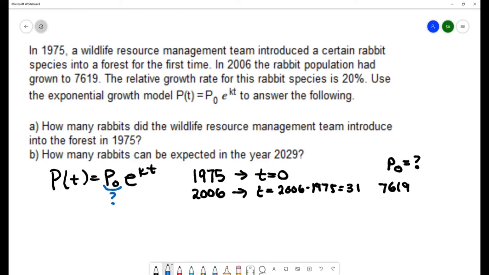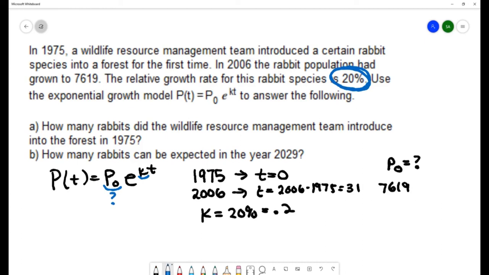I do know the relative growth rate. It's been given to me right here. 20% is the growth rate. So k will equal 20%, and written as a decimal, that would be 0.2.